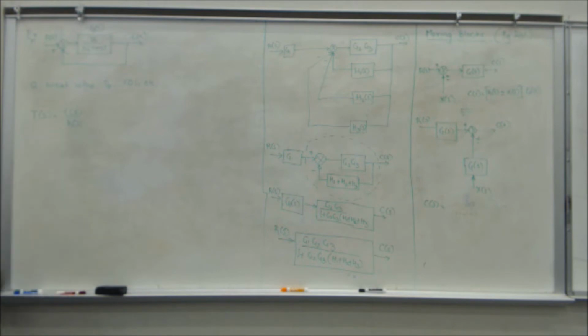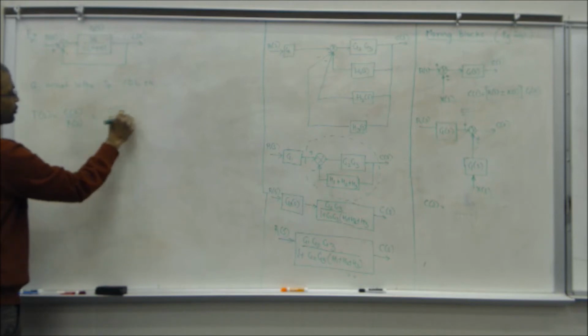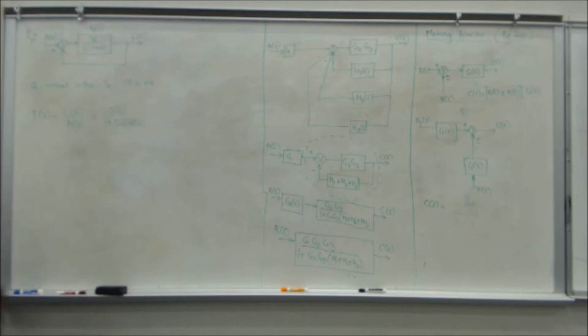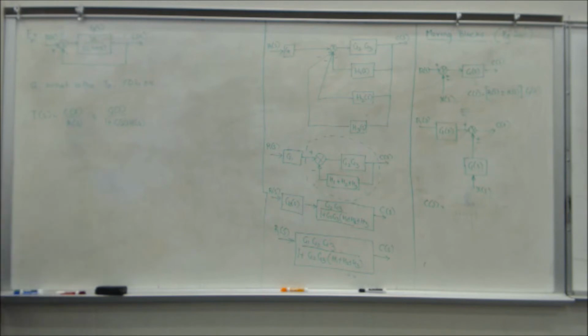So what is T of S here? T of S is, you have to always remember this, G of S over 1 plus G of S H of S, okay? What is H of S? Right, so what is it here? It's just 1, yeah.